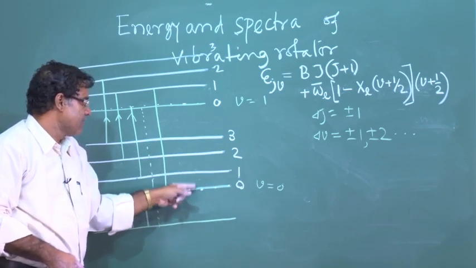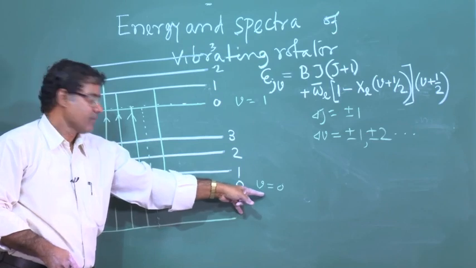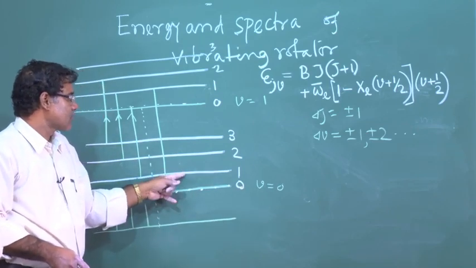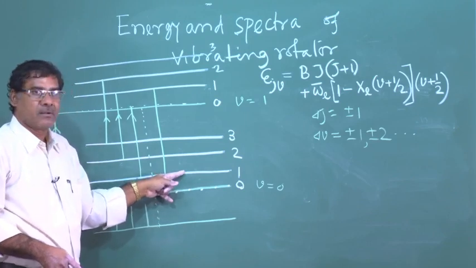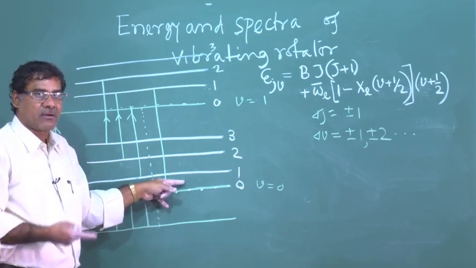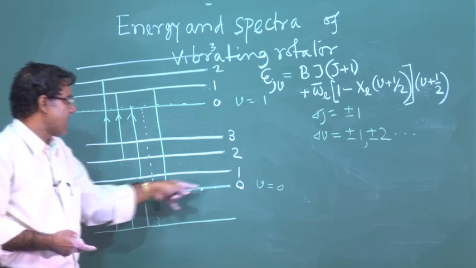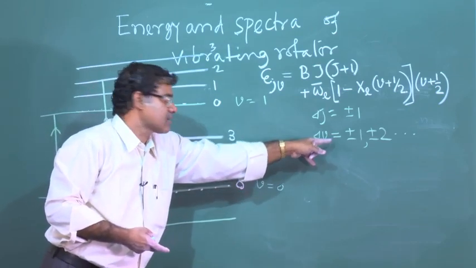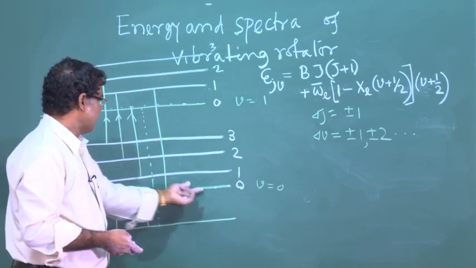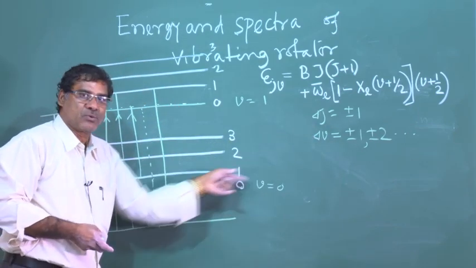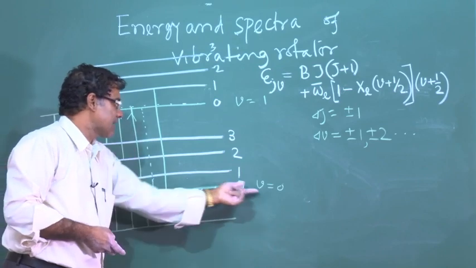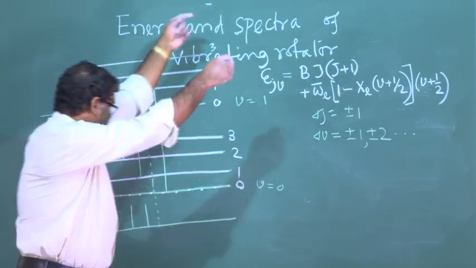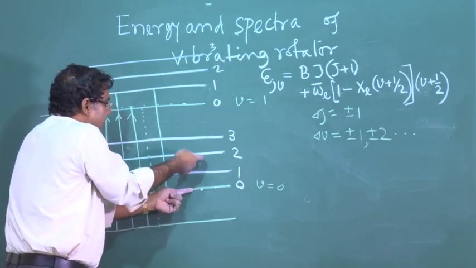Here, although del j equal to plus 1, 0 to 1, is rotationally allowed, vibration does not allow it, because v equal to 0 to v equal to 0, this transition del v equal to 0, is not allowed.